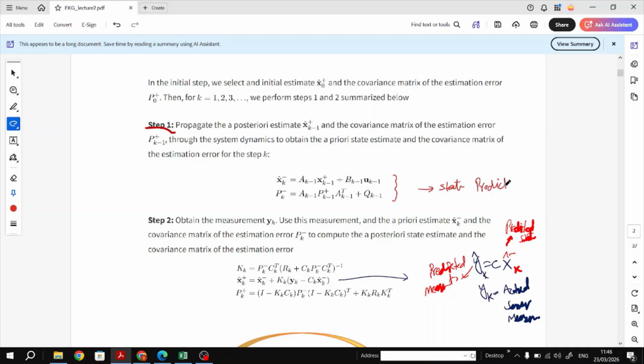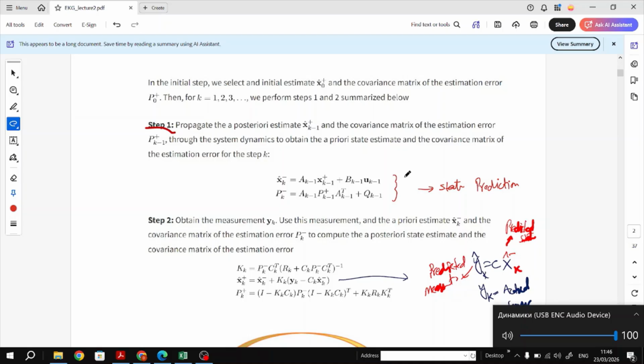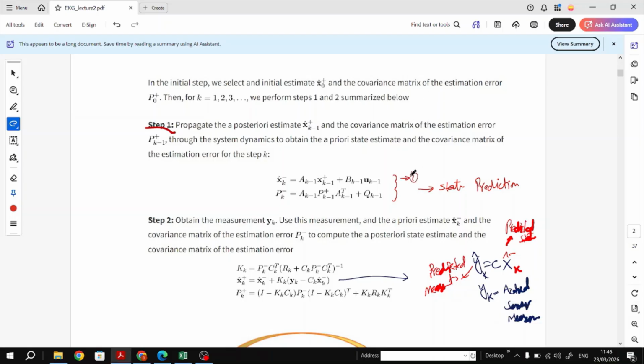One is state prediction using the state system matrix A, control matrix B, and control input U. So if you have the previous state and the control input, you can predict your state x hat k minus, the predicted state, using the system model and control model.